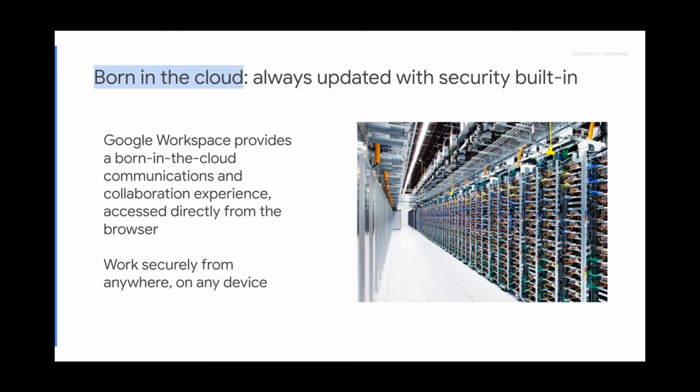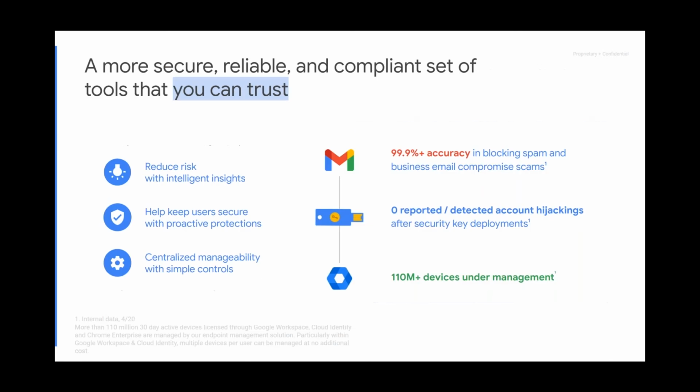Every time we detect a threat at an enterprise level, we push updates onto our servers where users don't see it and it's completely seamless for them when they access directly from their browser. So you can work securely from anywhere on any device, if you're in your coffee shop or in your office, with the same security posture.